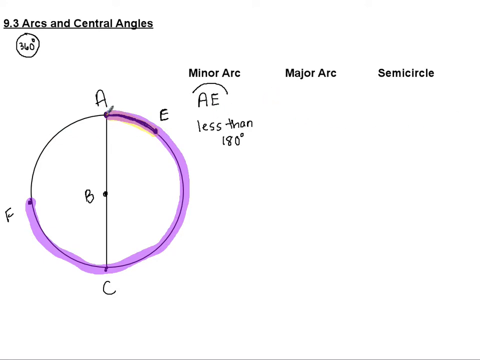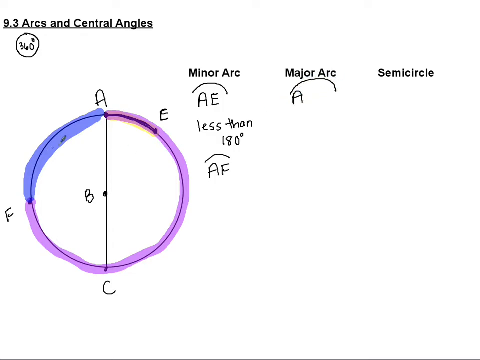Now you notice from A to F, if I were to just call it AF, I'd be referring to the minor arc, which is this piece here. So how do I name the major arc that we highlighted in purple? To name a major arc, you have to use 3 letters.